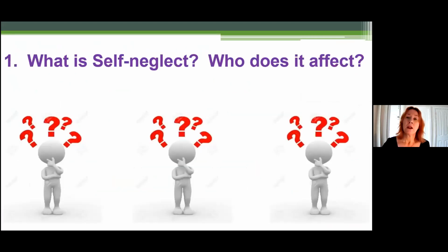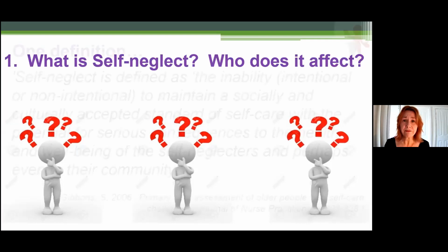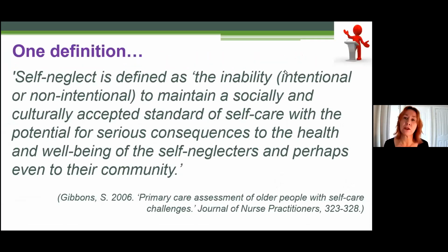So, what is self-neglect then, and who does it affect? We're going to start with our definition of self-neglect that's in the Bristol policy. This is one definition that is used across England by local authorities.